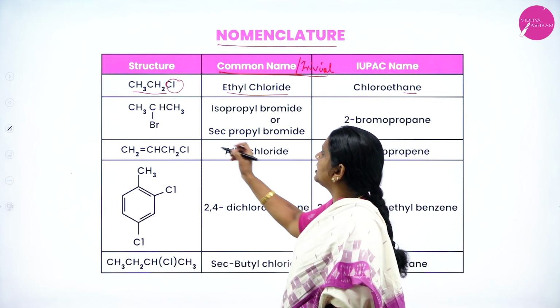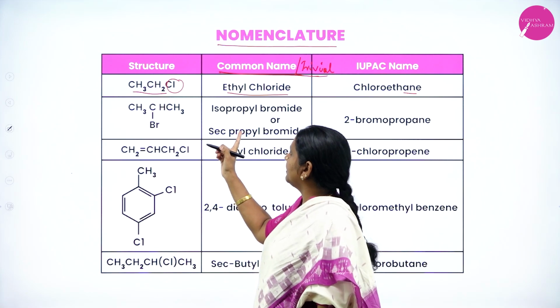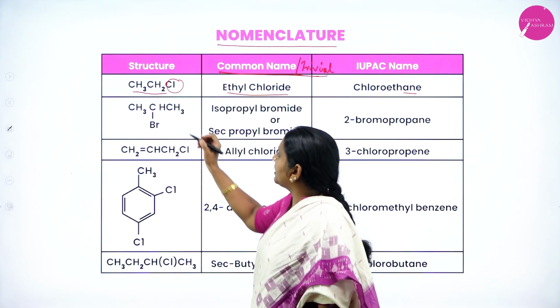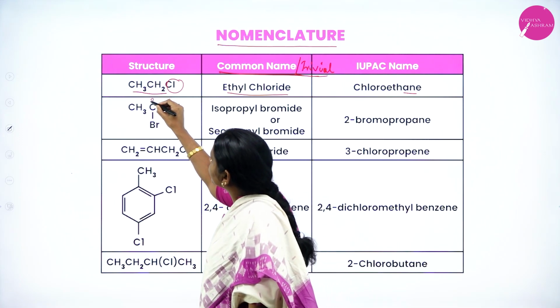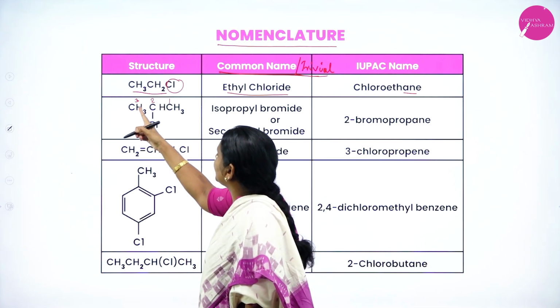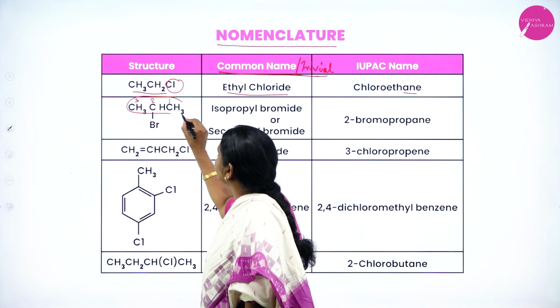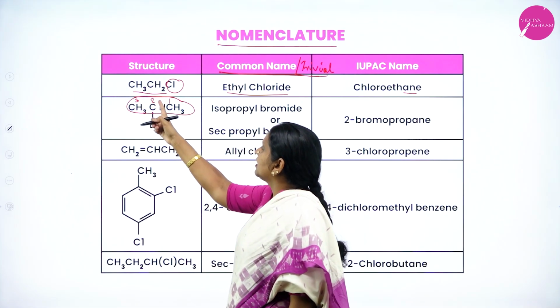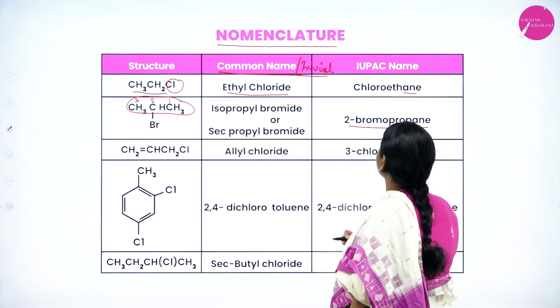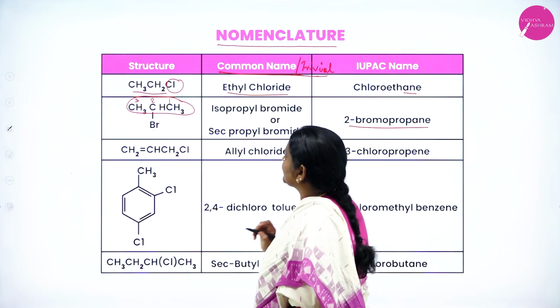Next, the trivial name is isopropyl bromide. For the IUPAC name, if I consider this as the parent chain, in the second carbon a bromine atom is attached. Therefore, 2-bromopropane. I'll discuss only IUPAC names.